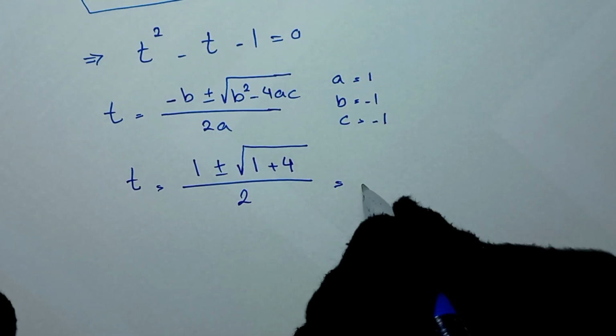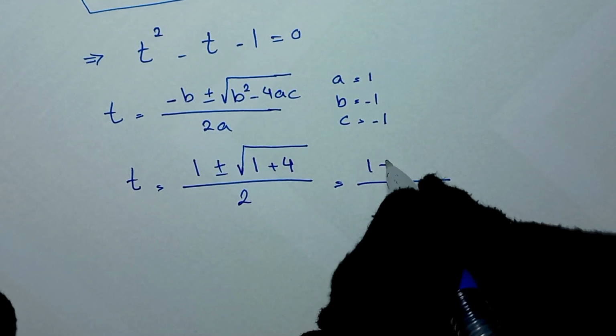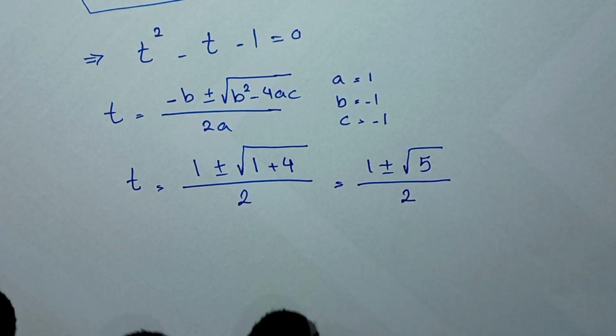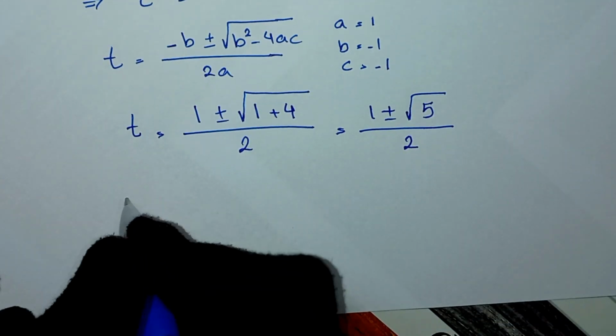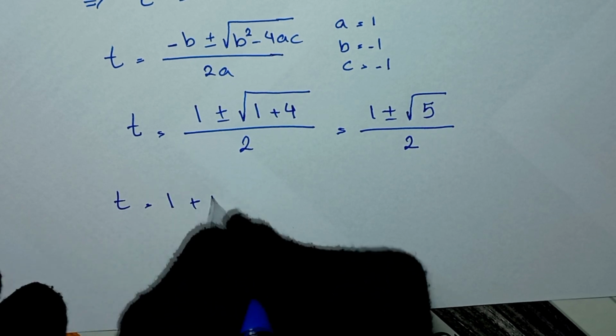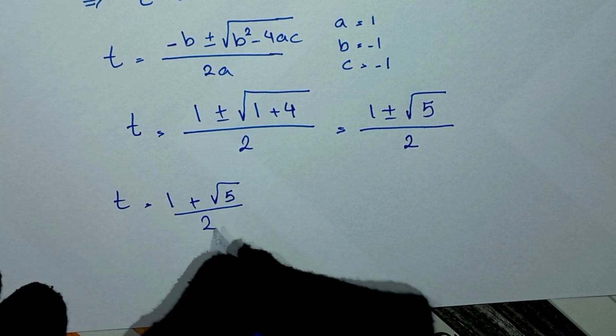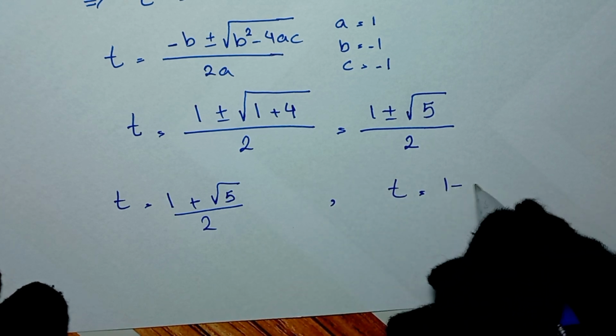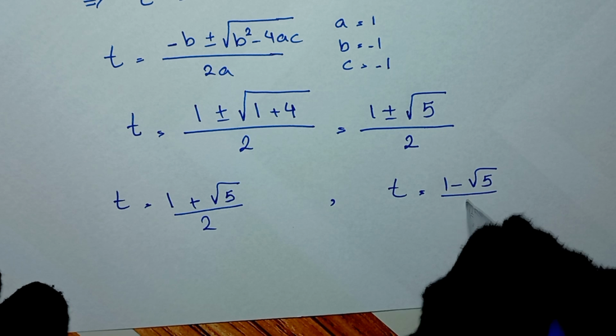And from here, t is equal to 1 plus or minus the square root of 5 over 2. So we find two values for t. t is equal to 1 plus the square root of 5 over 2, and t is equal to 1 minus the square root of 5 over 2, right?